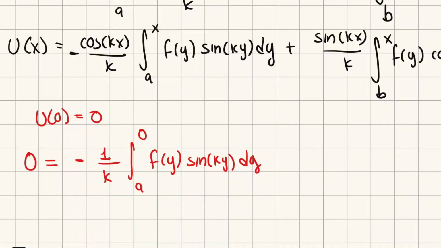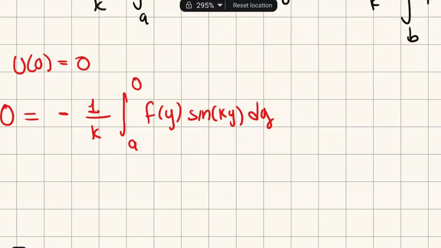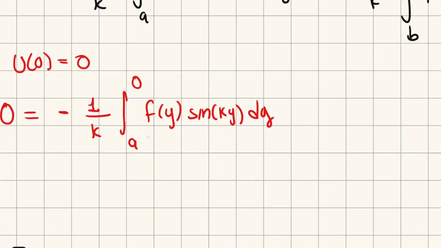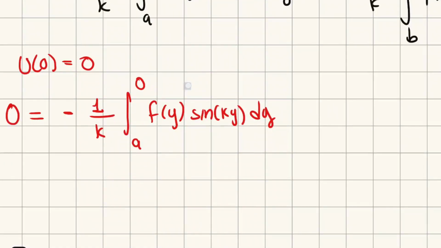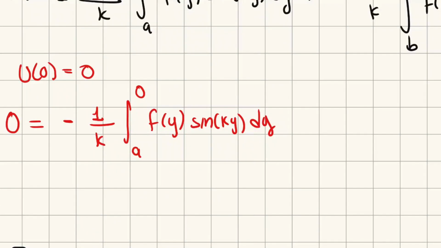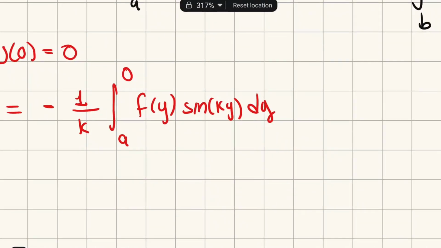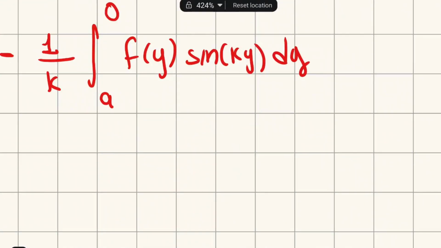And notice something interesting here. We have an integral that needs to be equal to 0, and it is an integral of an arbitrary function f of y. So in general, we can consider that this integral has the limits of integration to be equal, right?